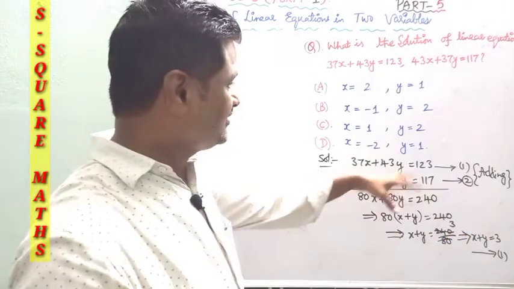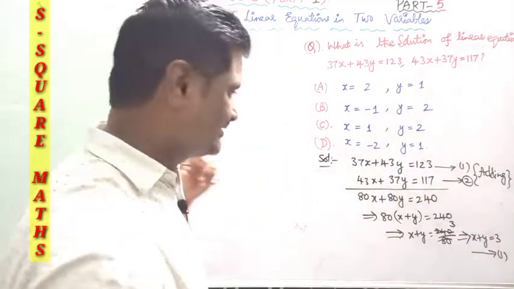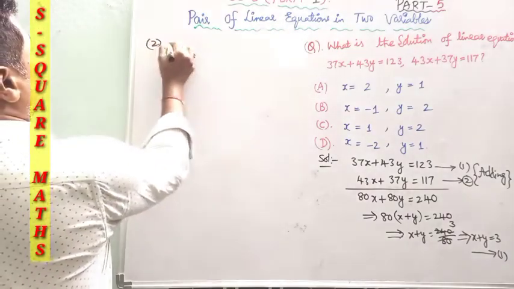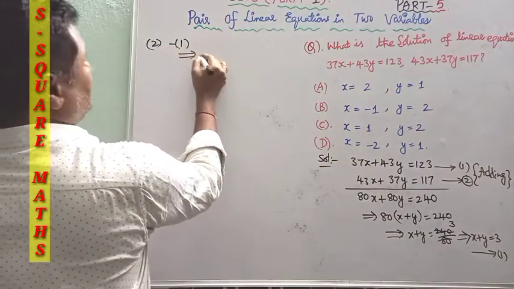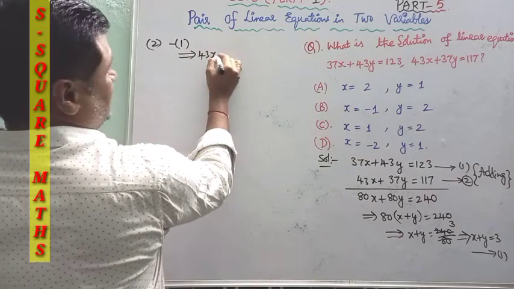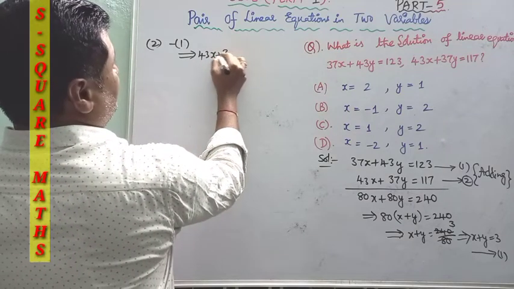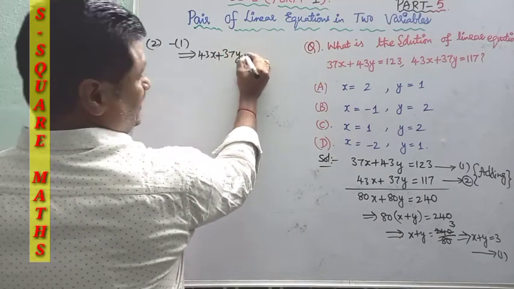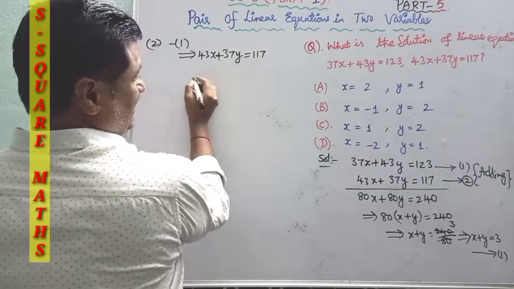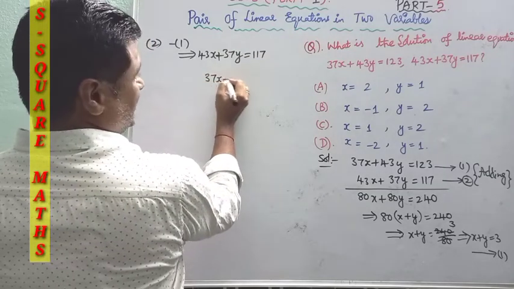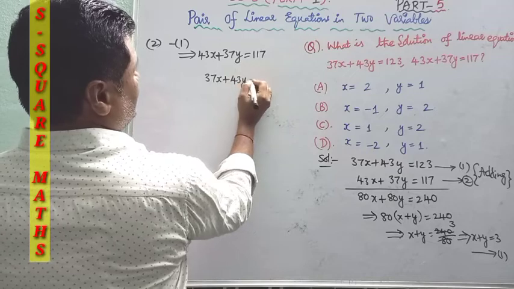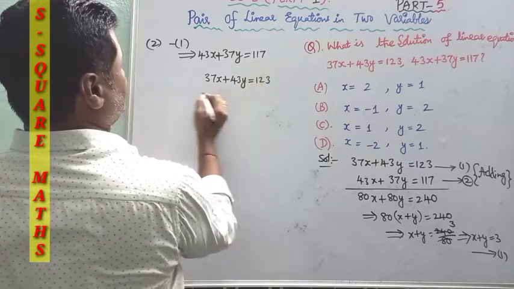Next, I am going to subtract, 2 minus 1. 43x plus 37y is equal to 117, and 37x plus 43y is equal to 123.